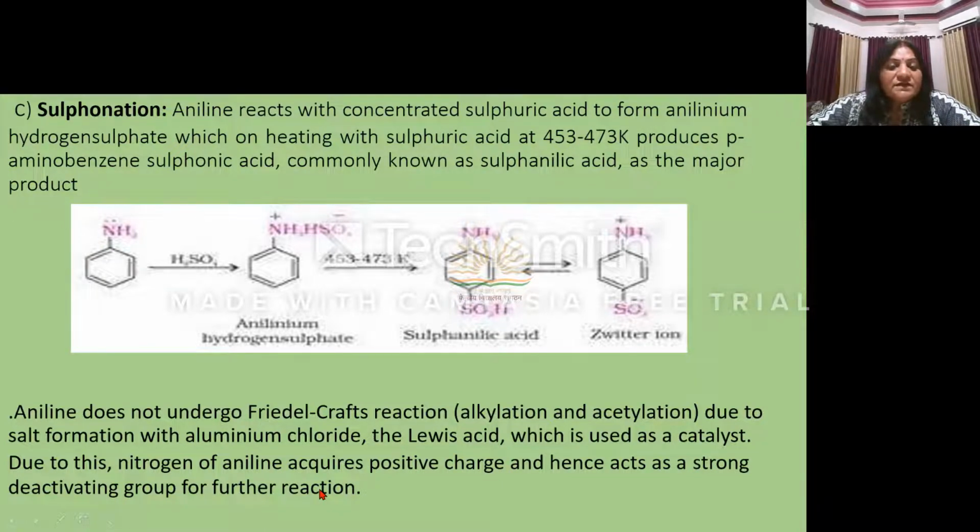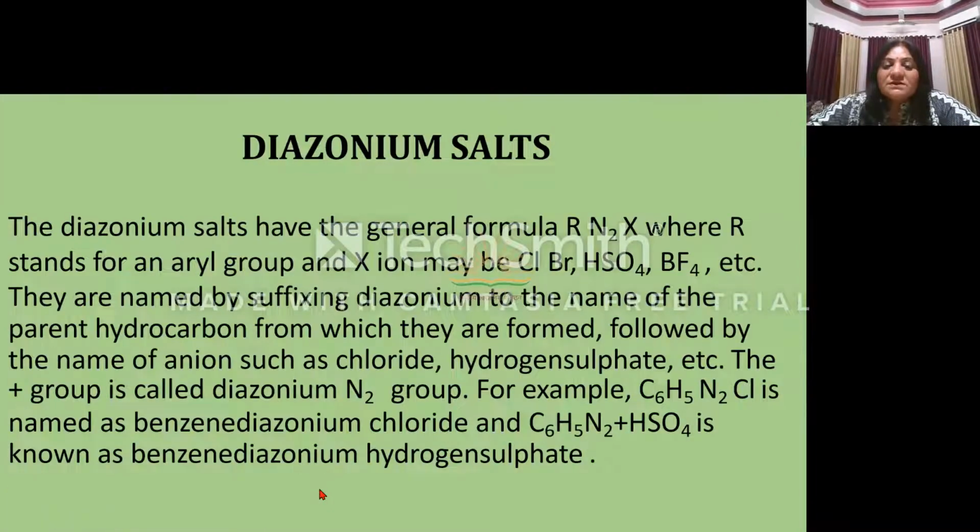Now the second part of this chapter is diazonium salts. Although we already studied the preparation of the diazonium salt in haloalkanes and haloarenes, chapter 10, when aniline reacts with the NaNO2 and HCl mixture, it releases HNO2 at 0 to 5 degrees Celsius temperature, then it forms the diazonium salts.